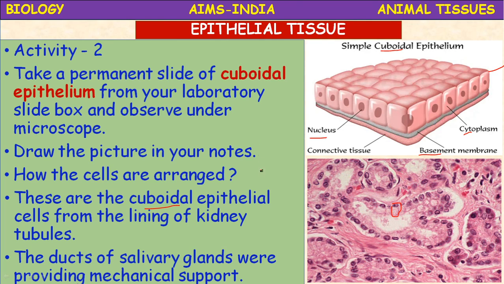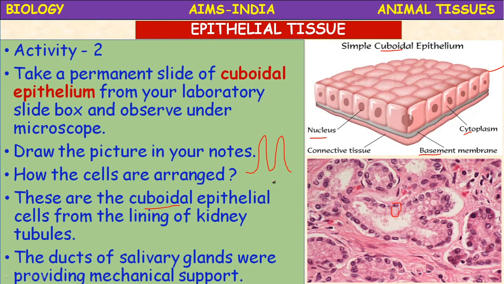Microvilli are the structures present in the intestine which help in absorption. These microvilli increase the absorptive surface area. In the small intestine, the finger-like projections are there like this. These finger-like projections are internally lined by cuboidal epithelium, which helps in the absorption of digested food materials.